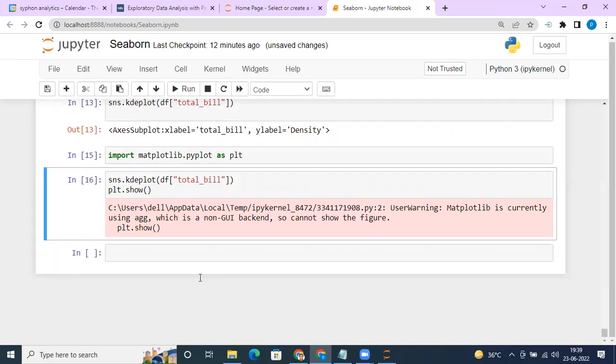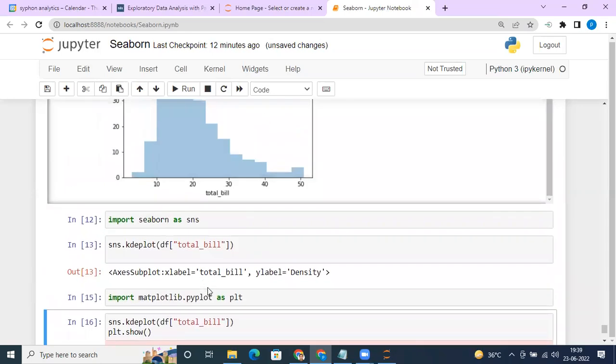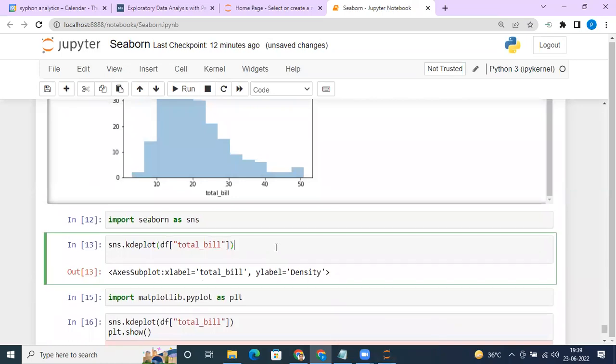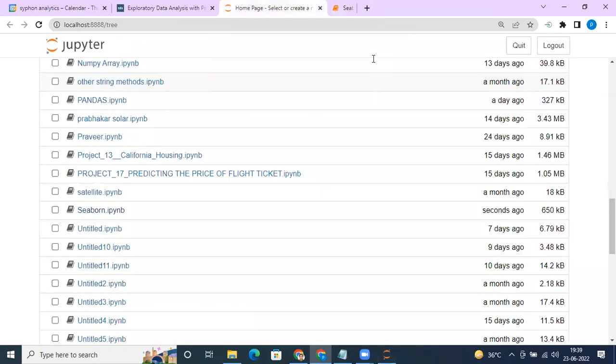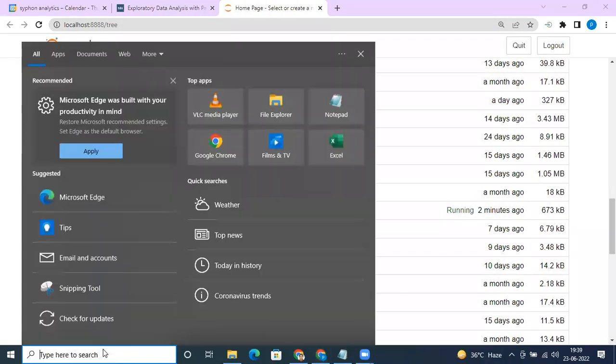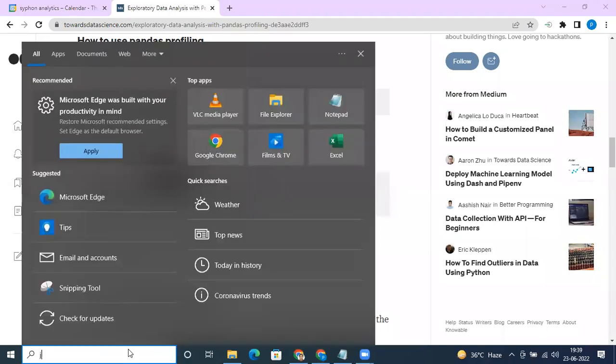Matplotlib is currently using Agg, which is a non-GUI backend, so it cannot show the figure. I think some other library is working under the hood. Okay, that may be the reason. Let me close it, quit, and reopen. It should work without any problem.